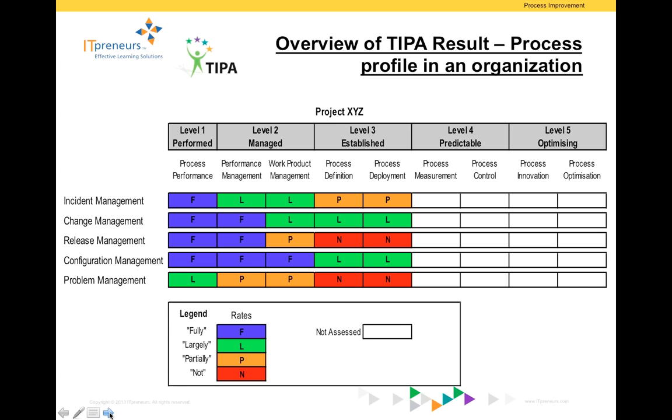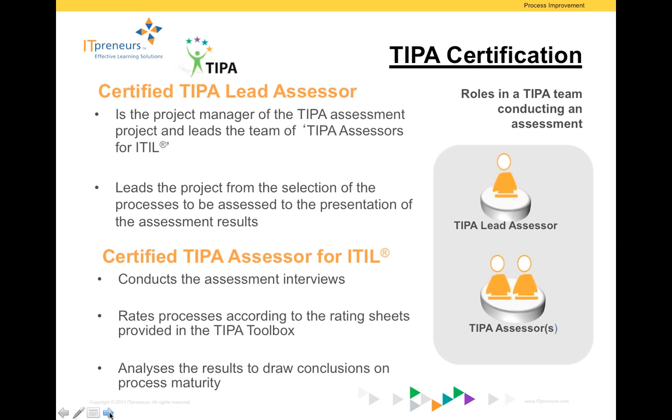So as we go to the different levels of certification, we have two levels: a first level of TIPA assessor for ITIL and a second level, which is the TIPA lead assessor. The assessor is really the person that will conduct the assessments, the interviews, do all the ratings, do the analysis, the SWOT analysis, and draw the conclusions for each of the processes that they're responsible for.